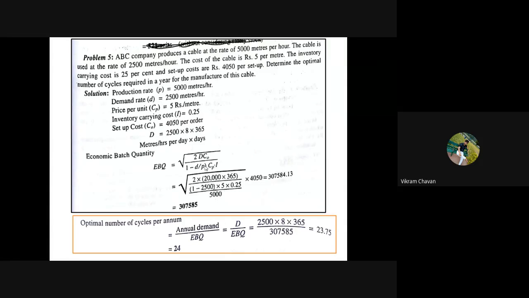No one is solving. I've taken all the names. Please mention your answer in the comment box. Is there any problem?